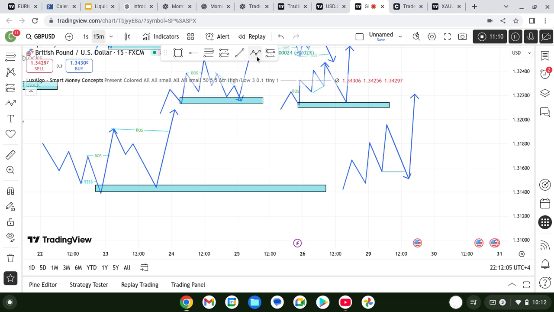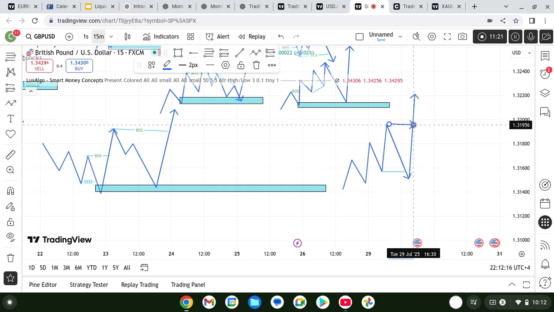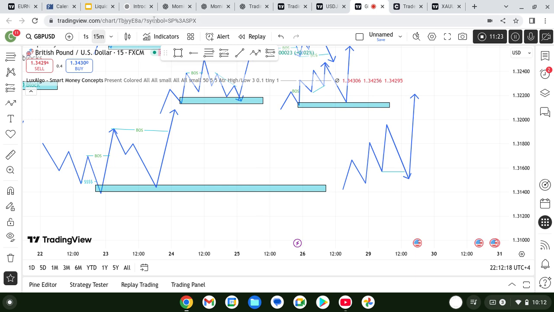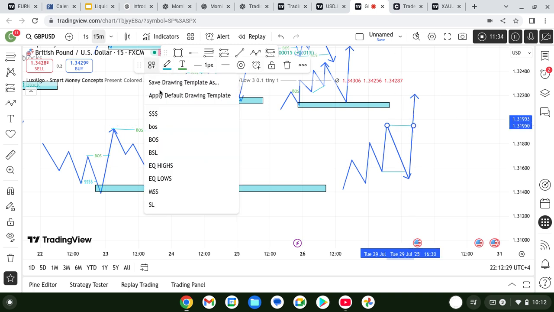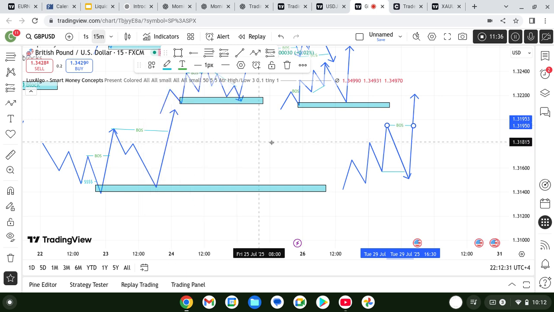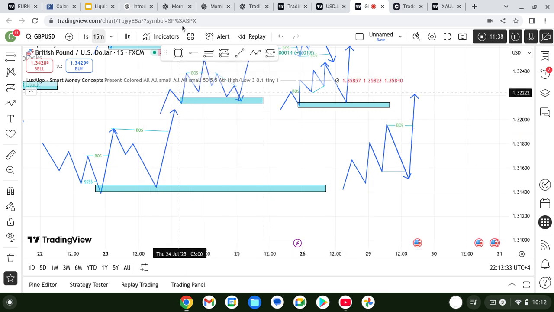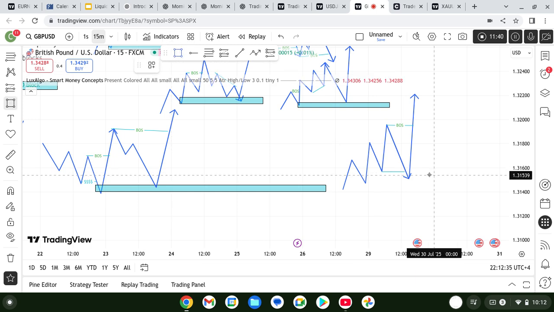If it was a change of character, it could have just reacted from here and continued down. But it just made a break of structure, so this one becomes our strong low.